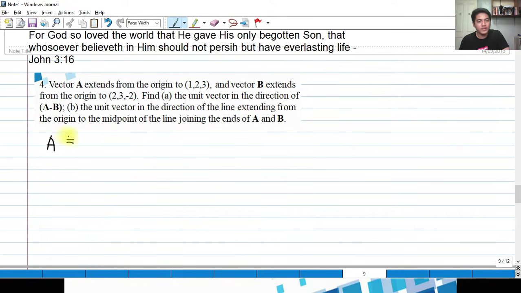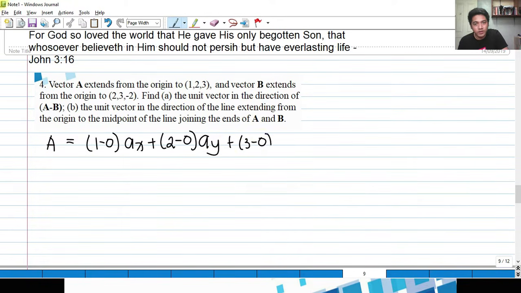In order for us to get the vector A, we need to get from the origin to this point, that's the vector A. So 1 minus 0 a sub x. I'm so sorry, we're talking about vector. Plus 2 minus 0 a sub y. We need to find first the vector A and vector B. So plus 3 minus 0 a sub z.